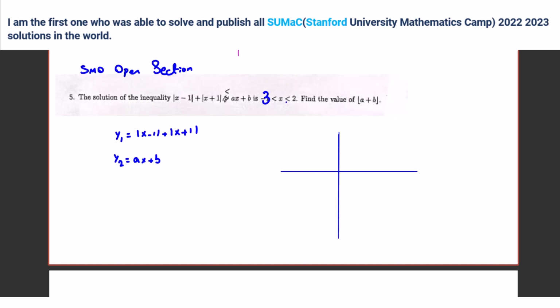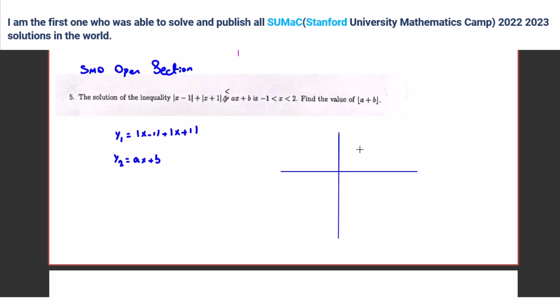It says for which a and b it will be. If, for example, it was something, because it says the solution of this is only here, you said in those intervals we should have intersections, right? Yes, good job with that way. It's a bit different from my solution. So when you want to draw x minus 1, x plus 1, if x is greater than 1, it will be what? 2x, right?